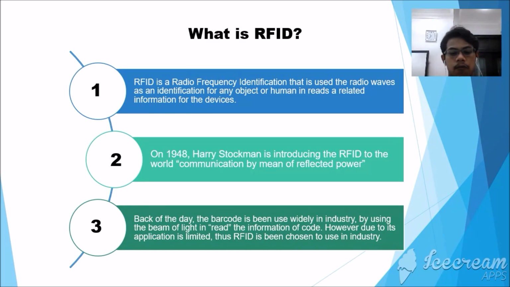It reads information by using a wireless device, which is tagged from a distance without making any physical contact with the device. In 1948, RFID was introduced by Harry Stockman, the founder of RFID. He produced a first paper with the title Communication by Means of Reflected Power.